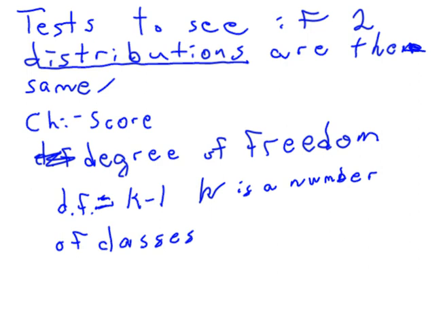So we're going to do just a couple, just practice so that you can look at it, not knowing even anything but the fact that we're going to use k classes and find a degree of freedom and then a chi-square score. So for example, let's say we have 7 classes.